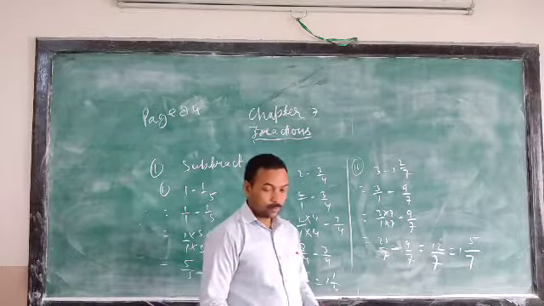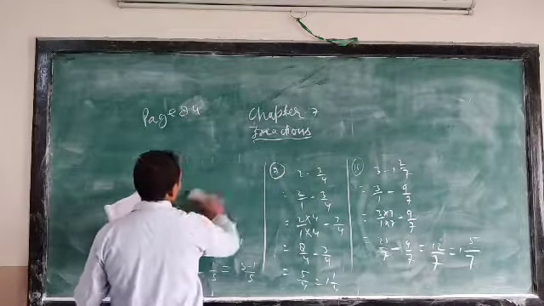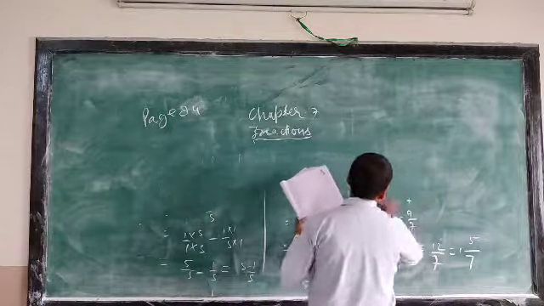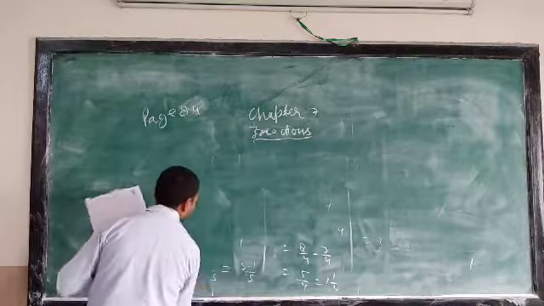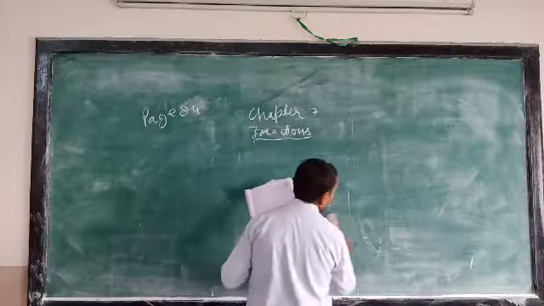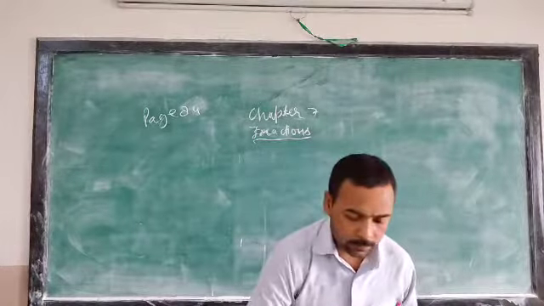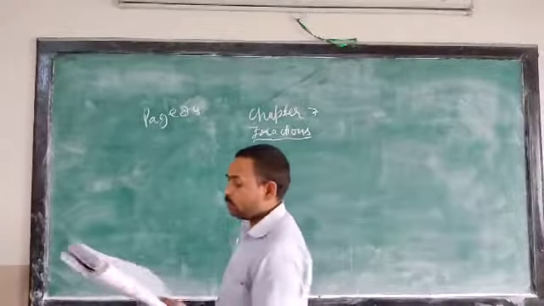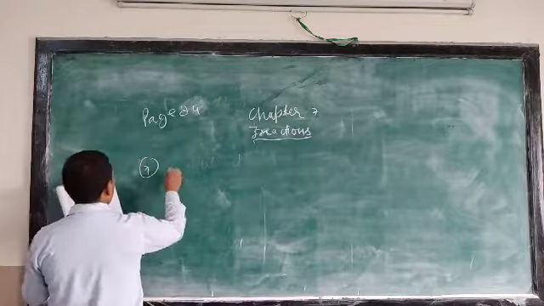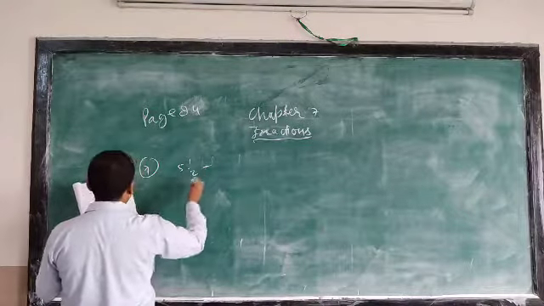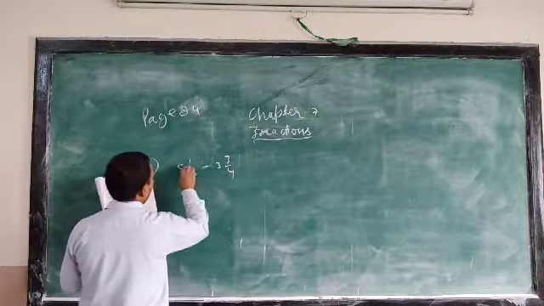And now come to page number 85. In this one, I would like to do only one, suppose question 7. Here this question consists of a mixed number and an improper fraction, 15 by 4.